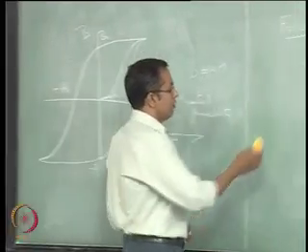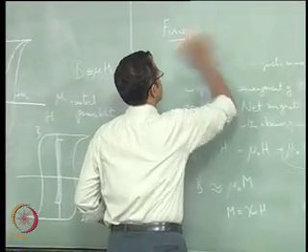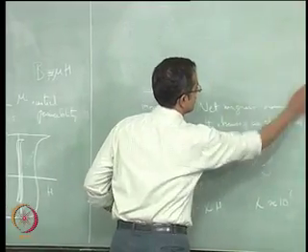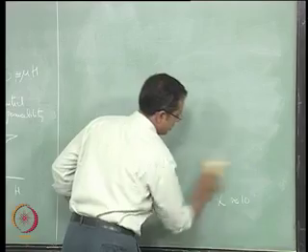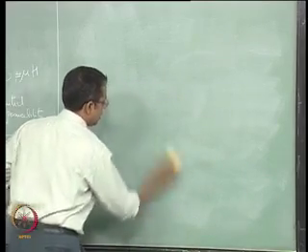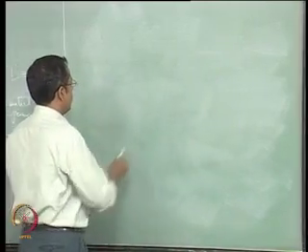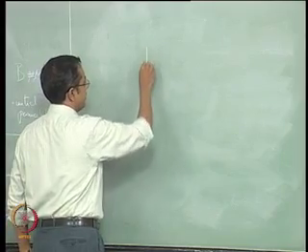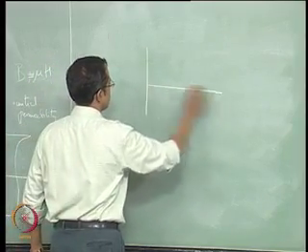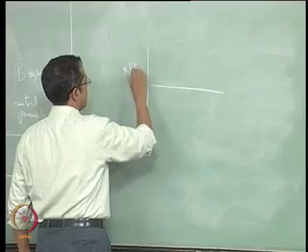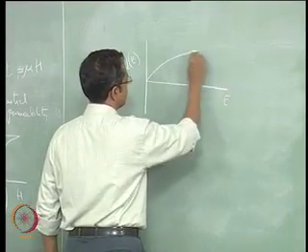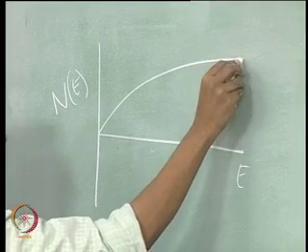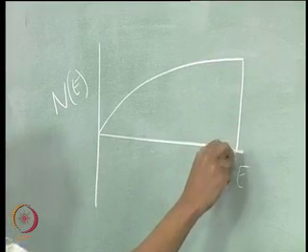Now in terms of what we have already discussed, we drew for our systems the density of occupied states as a function of energy, and we saw this curve, okay, and at some Fermi energy E equal to EF.